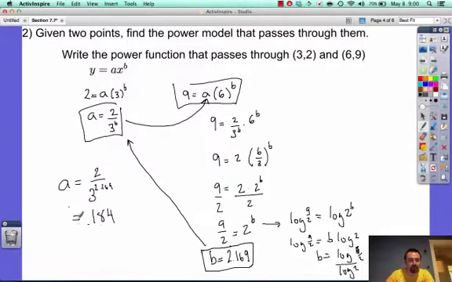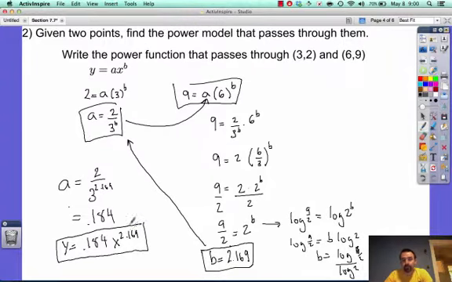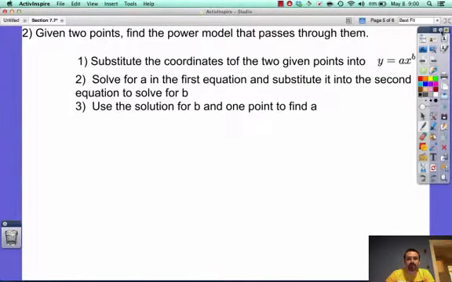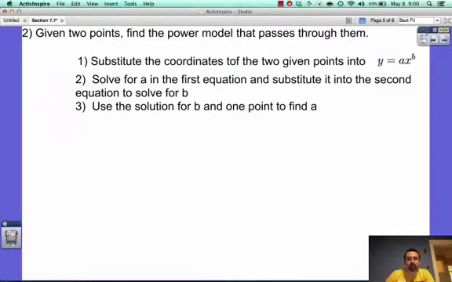So my model ends up being y equals 0.184 times x to the 2.169. Okay? Let's recap. So again, this is almost exactly the same as for the exponential model.